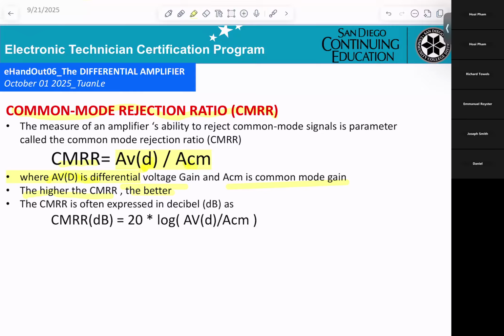The CMRR, common mode rejection ratio, equals the ratio between the gain and the noise. The CMRR is often expressed in dB as in the formula here: CMRR in dB equals 20 times log of AVD divided by ACM. That means the gain divided by the common mode gain. Okay, just the formula.